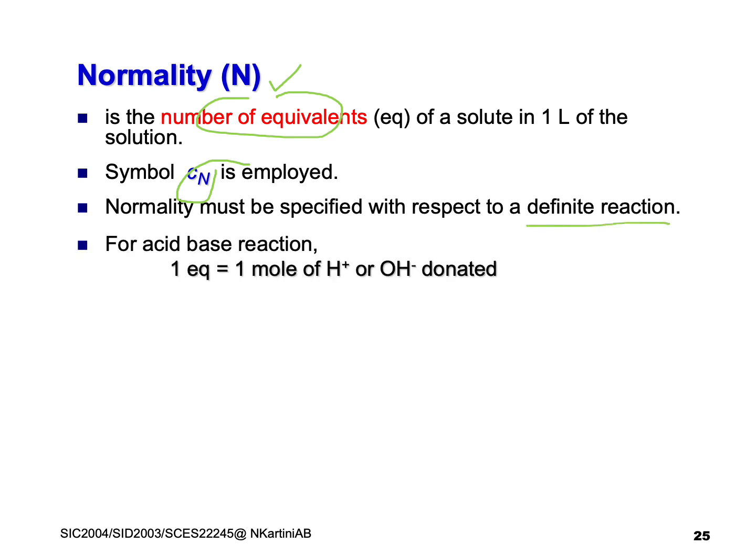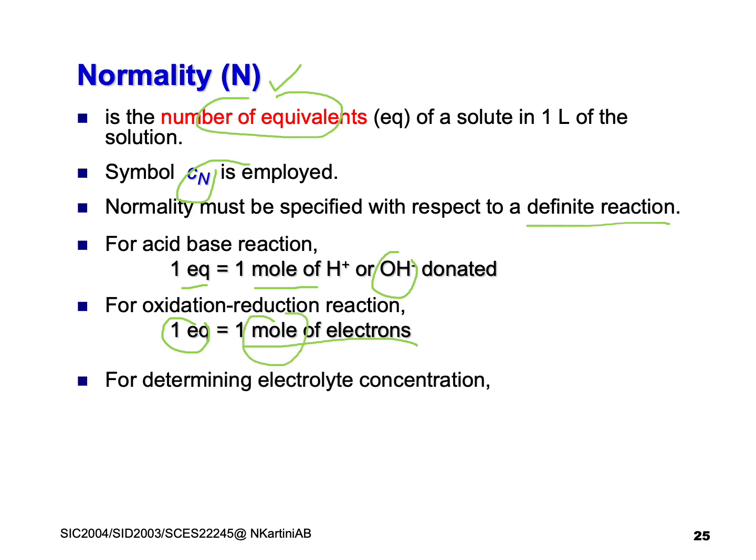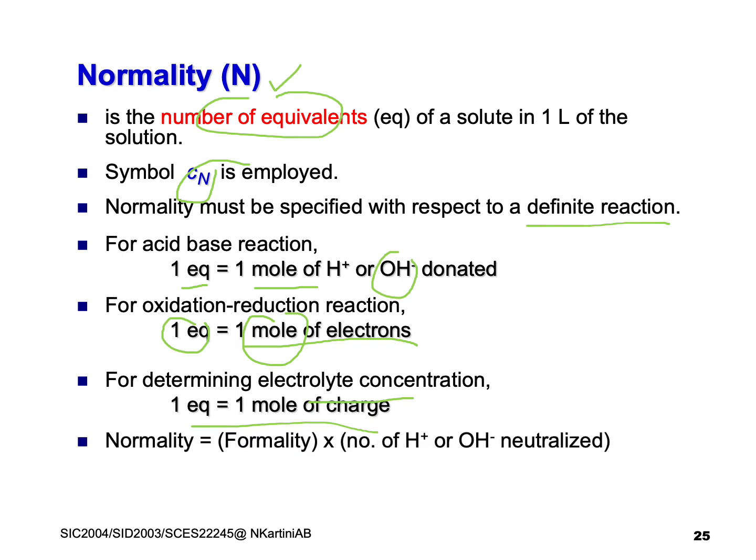For example, for an acid-base reaction, 1 equivalent is equal to 1 mole of protons or hydroxide donated. For a redox reaction, it refers to the mole of electrons transferred. 1 EQ is equal to 1 mole of electrons transferred or accepted. For determining electrolyte concentration, 1 EQ refers to 1 mole of charge.